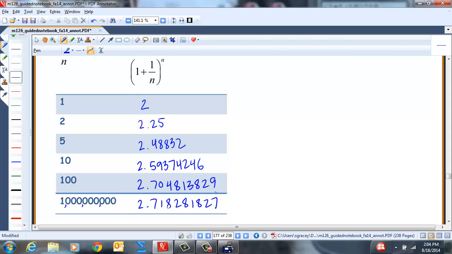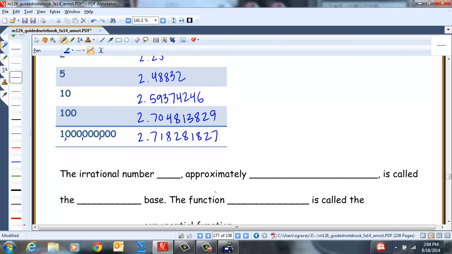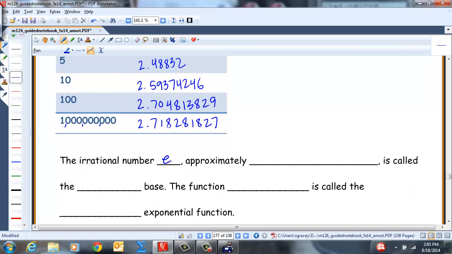So the irrational number e, which is approximately 2.718, is called the natural base. The function f at x equal to e to the x is called the natural exponential function.